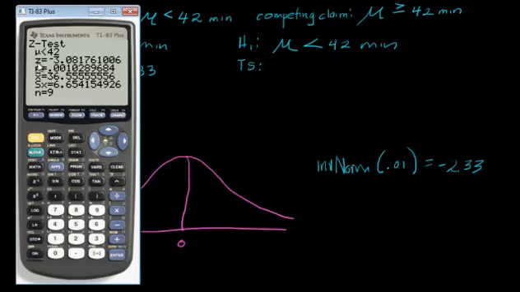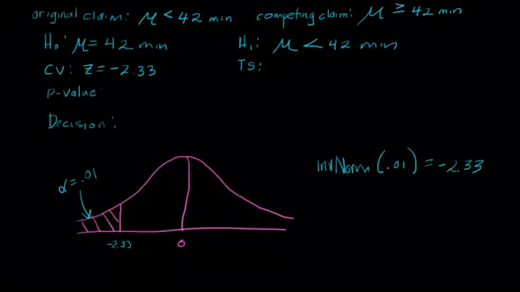Okay, so we get a test statistic z equals negative 3.081, rounded to 2, that'd be negative 3.08. And my p-value rounded to 4 is going to be 0.0010. So we said test statistic z equals negative 3.08, p-value is 0.0010.